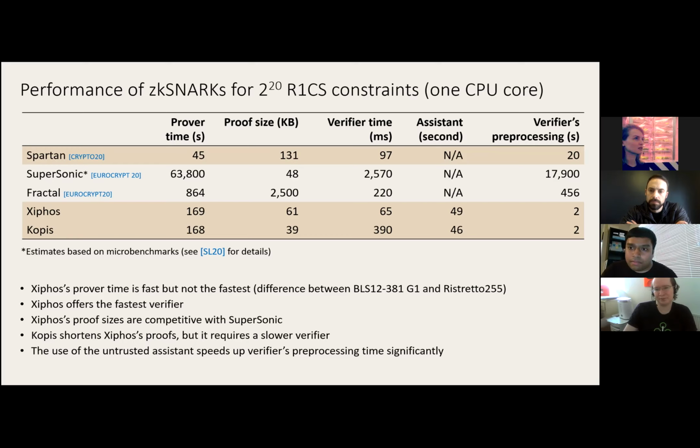This modular approach of investigating the most efficient IOP and the most efficient polynomial commitment scheme is useful, because all the cryptographic assumptions are inherited from the polynomial commitment scheme. So if one desires a post-quantum secure SNARK, they could use a post-quantum secure polynomial commitment scheme. I think this modular approach still has value even in the post-quantum world.